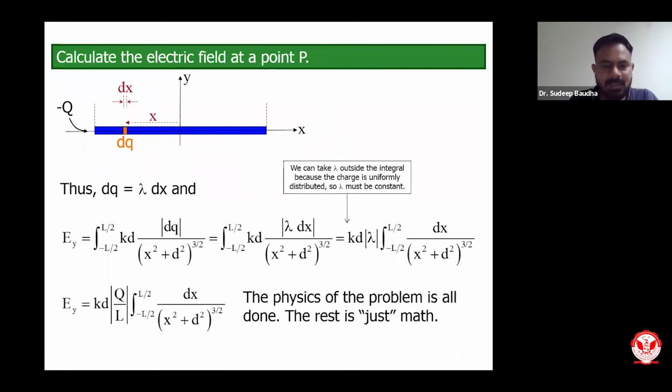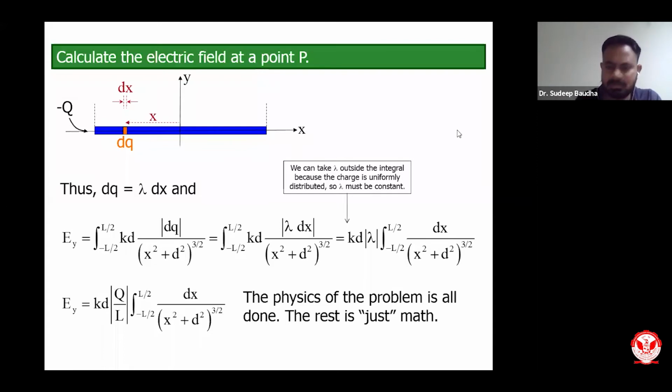But still, if you want to find out the exact amount of electric field because of this particular rod, then you can do the integration, and the limits over here will be minus L by 2 to L by 2. So that is how you will find out the electric field due to a rod which has a charge minus Q. Please remember, this is for the case when the charge is minus Q. If it is plus Q, then instead of mod of Q you can write plus Q over here, and then the things will be.